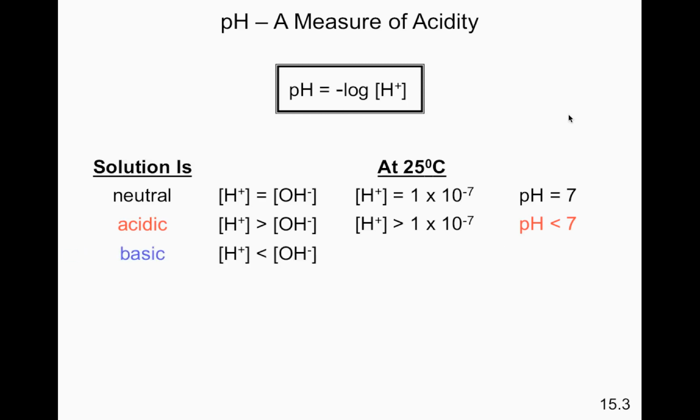Now for a base, it's the opposite. For a base, the hydrogen ion concentration is less than 1 times 10 to the negative 7. It could be as small as 1 times 10 to the negative 10th. What happens then? The pH will be greater than 7. So in summary, as the pH value goes up, the hydrogen ion concentration goes down.